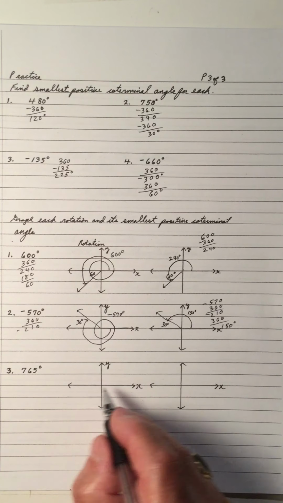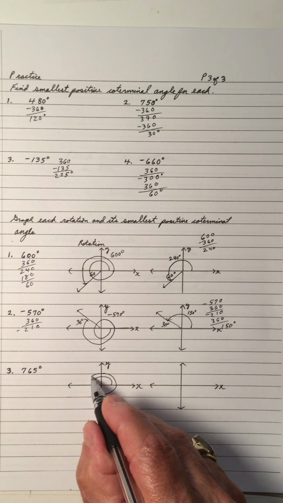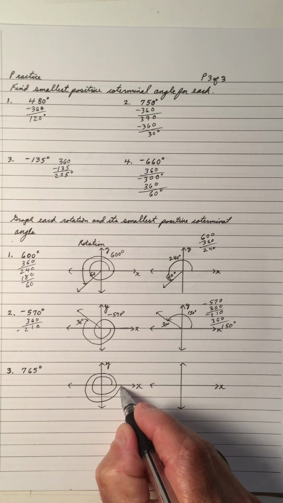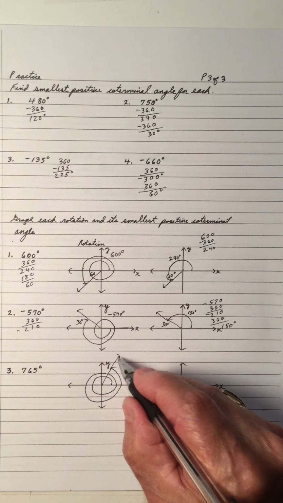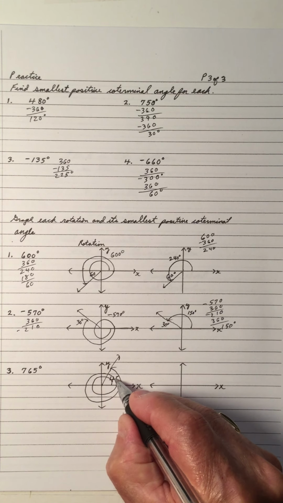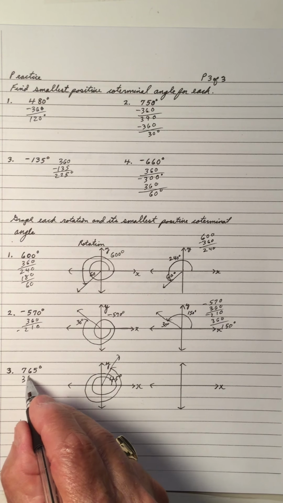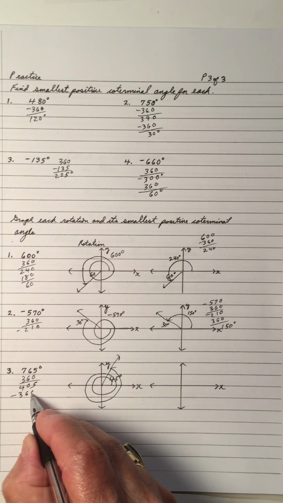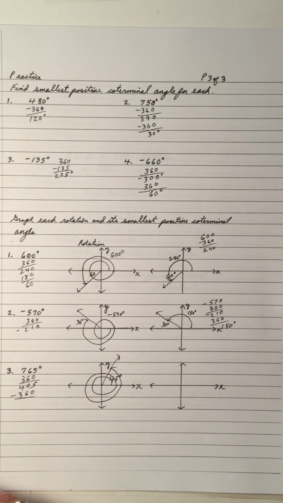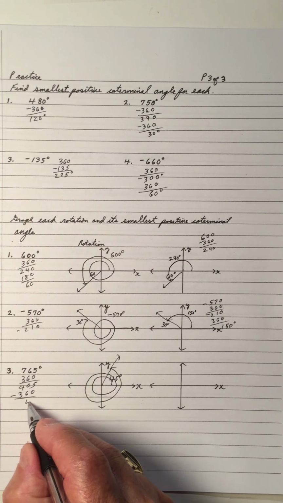So 765 is 360, 720, and the reference angle there is 45. So if you take your calculator and subtract 360, you'll get 405. If you subtract 360 again, you get 45.